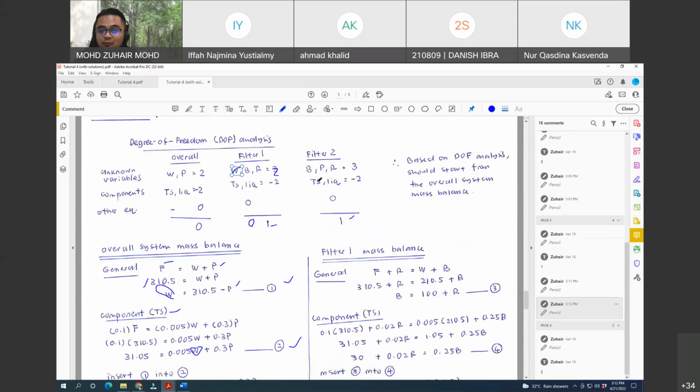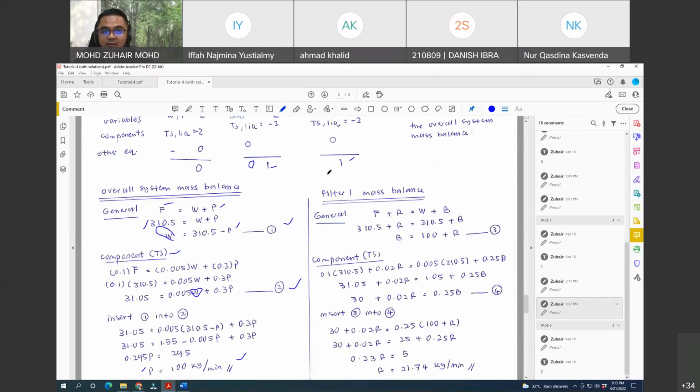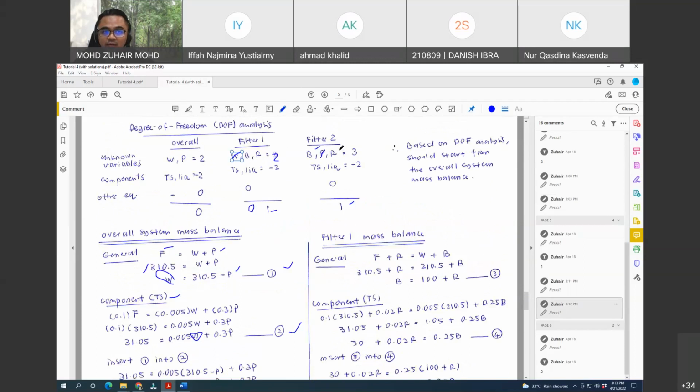What about filter 2? For filter 2, B we still don't know, P we know, R we don't know. Similarly, this is 2, so 2 minus 2 is equal to 0.